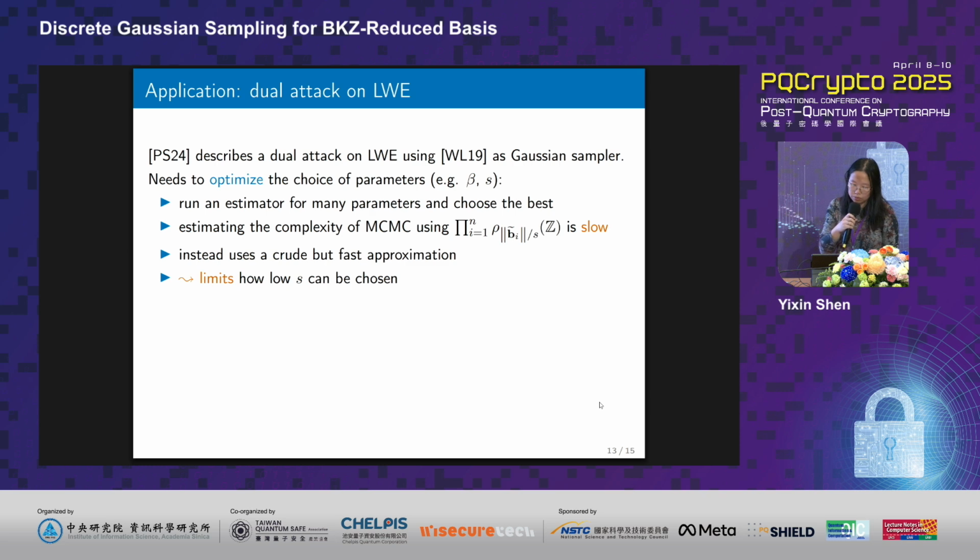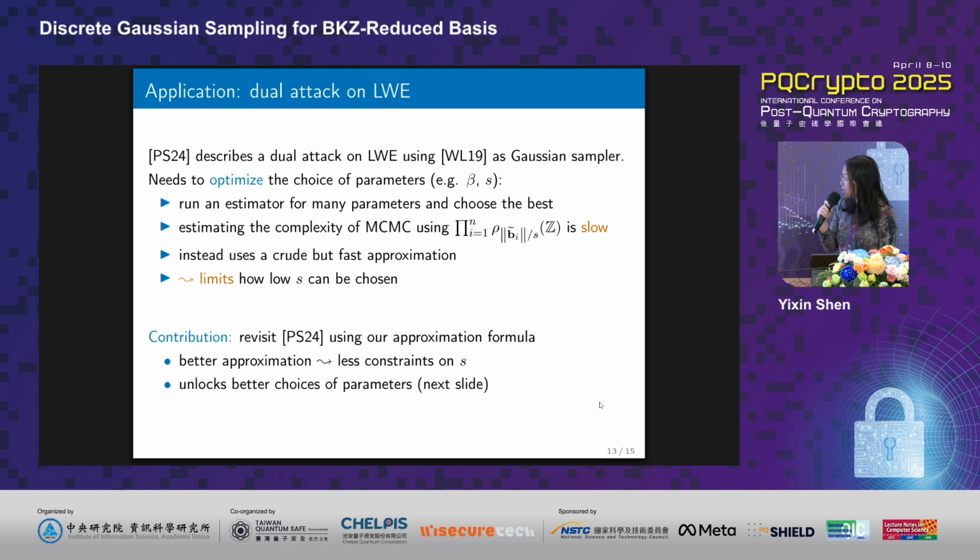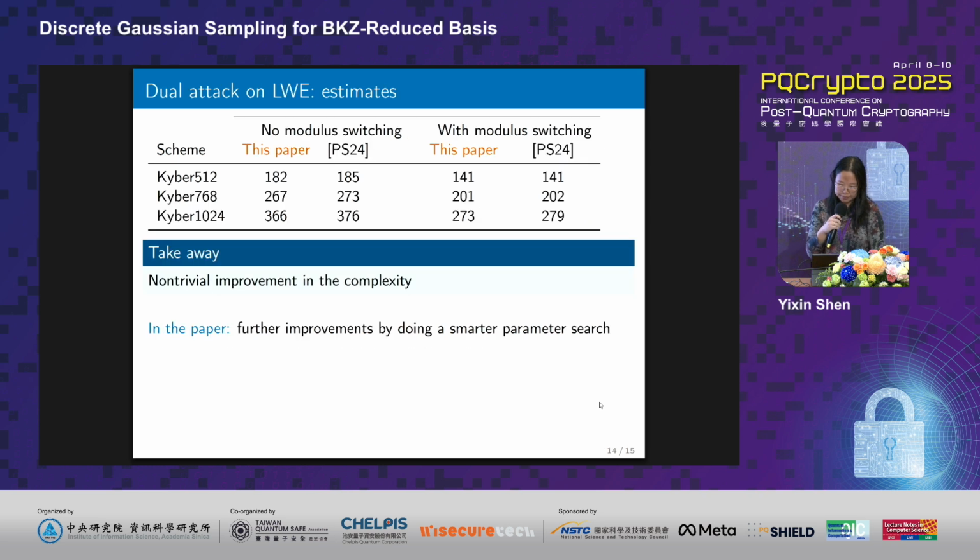So instead, we used a very crude but fast approximation. But this somehow limited how small the parameters can be chosen. So in this paper, with the new approximation formula, we get fewer constraints on the parameters, and this allowed us to unlock better choices of parameters.